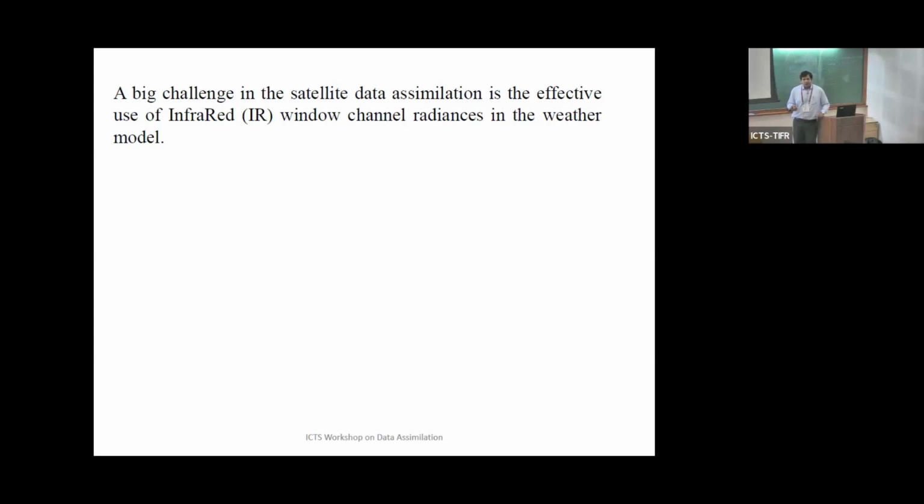Clear sky radiance is still popular, and in most of the centers people assimilate only clear sky radiances. So here we use the TIR1 channel, which in general is not assimilated in the weather model. Another point is that we also try to assimilate the all sky conditions.